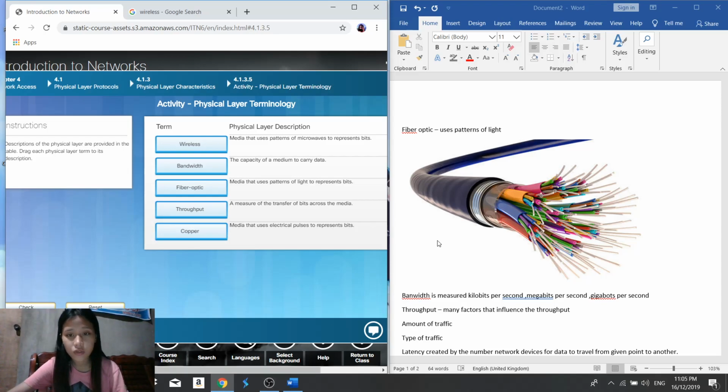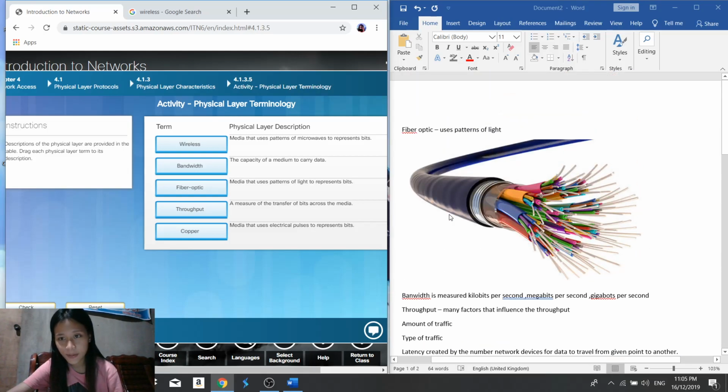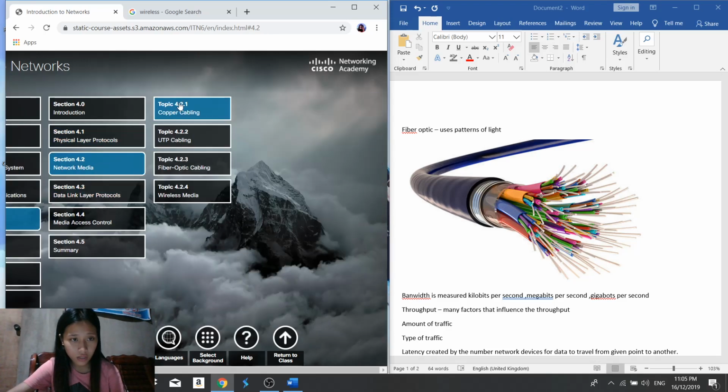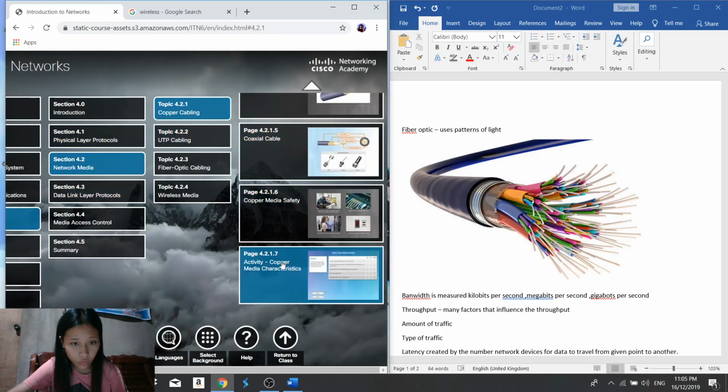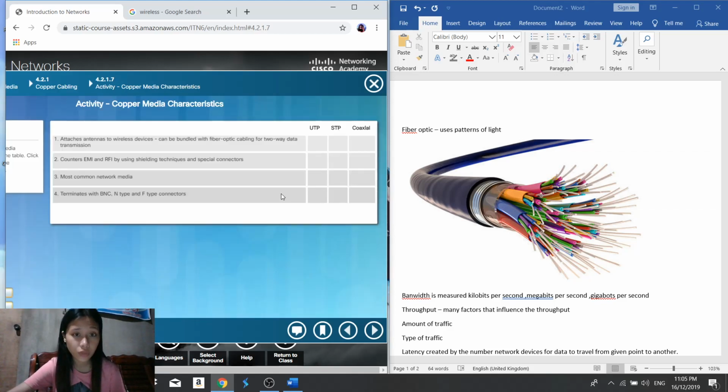So as I said, this is the example for this chapter activity, but there's another activity in here. You can see these are the UTP and the STP. The UTP stands for unshielded twisted pair.